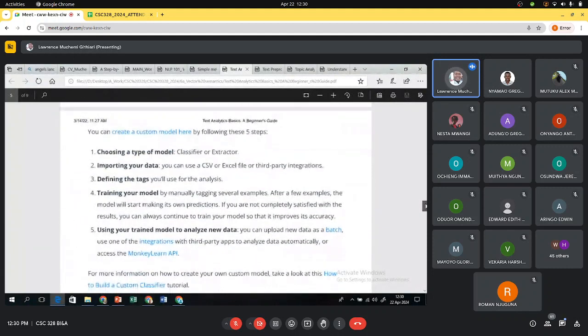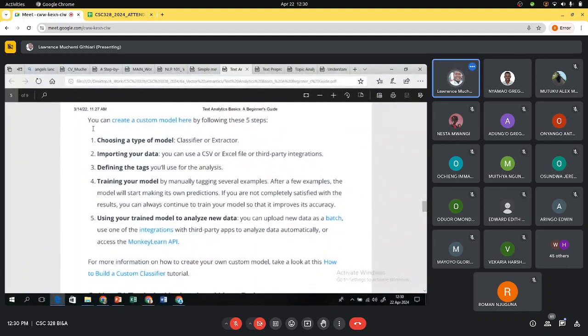So here are 5 steps to create your own. You can create a custom model by following these 5 steps. Of course, they're assuming you've already downloaded Monkeylearn. You choose a type of model. Do you want a classifier or an extractor? An extractor, you know it now, is like the named entity extractor, the one that can give you the noun phrases.